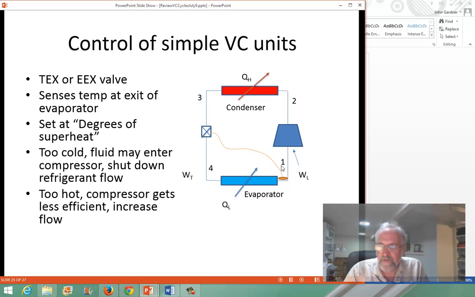It's a separate refrigerant system that lets the heat from the superheat boil the refrigerant, exert a pressure, and change the valve opening. And it's a feedback control system, and it's not on-off. It's variable. It varies the size of this orifice to meter just the right amount of refrigerant through to get just the right amount of superheat here. If you get too much refrigerant, you get liquid come down here. You get not enough, it gets too hot. And so you want to make sure you do things just right.